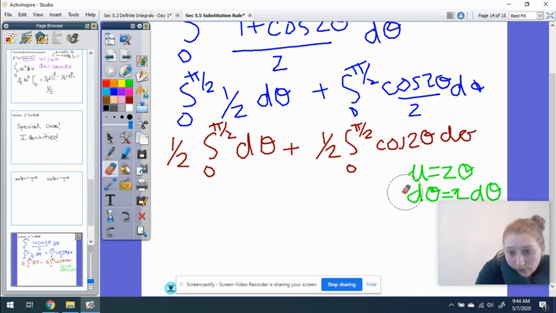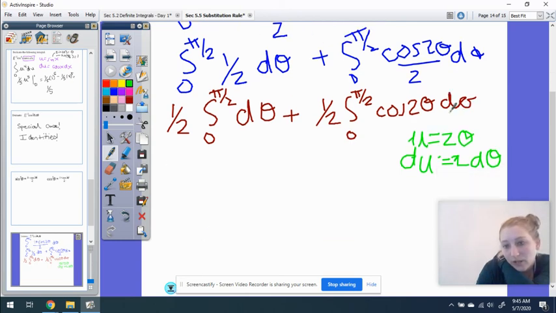This is du. Okay, there we go. So if you're looking here, we have the d theta part, but we don't have the 2. This 2 doesn't count, because that 2 is up there. So how can I make them be the same? Essentially what I could do is divide by 2. So I would say 1/2 du is the same as d theta. So that's what I'm actually going to end up subbing in.